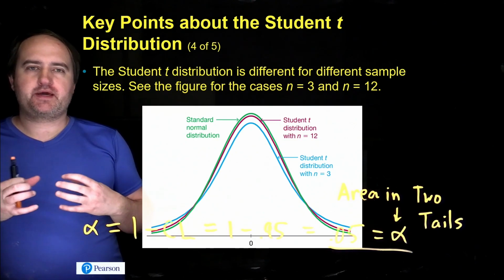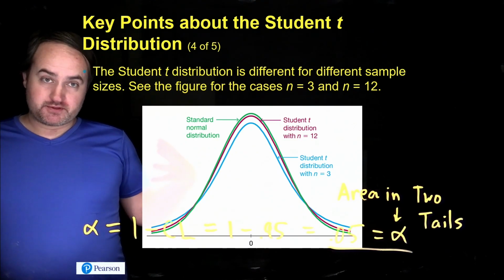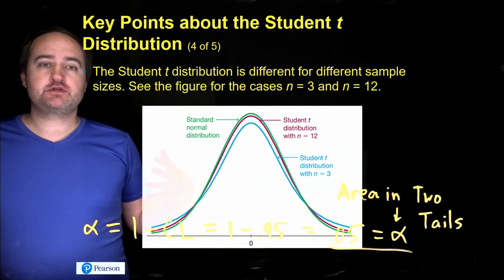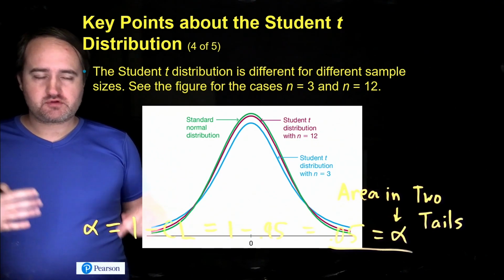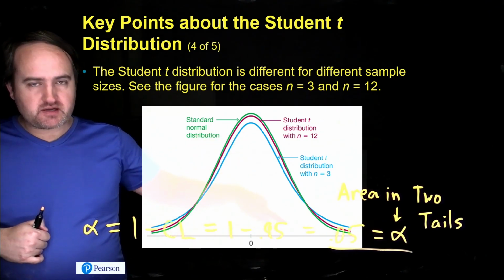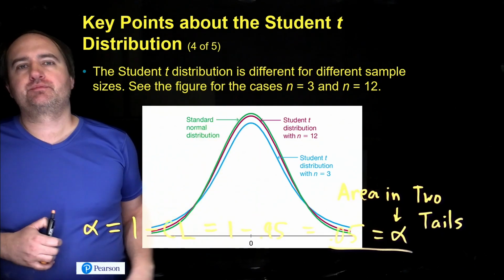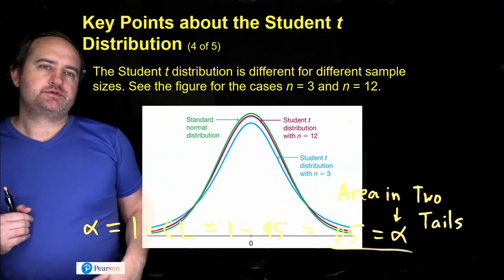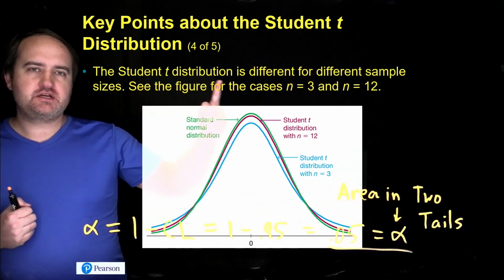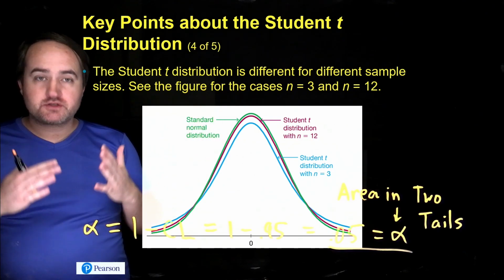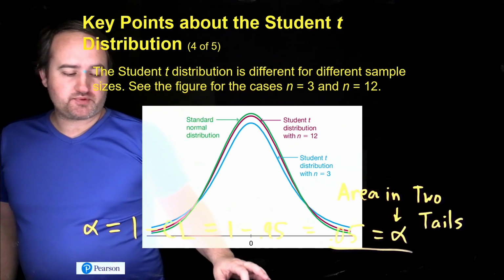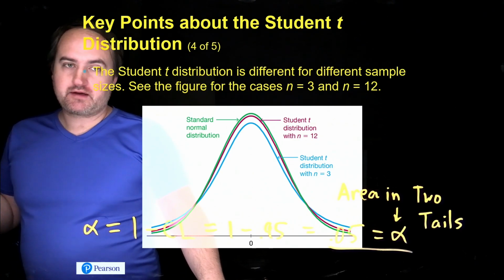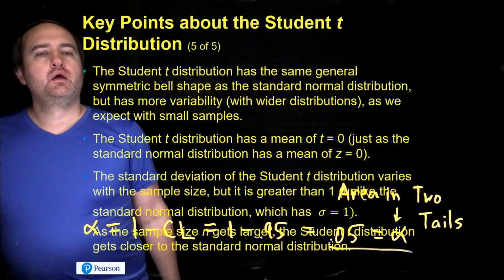Okay, so because if your sample size n changes, your degrees of freedom n minus 1 also changes, and so you get a slightly different shaped graph. So the student t distribution changes shape based on your sample size, which is why it's so effective.